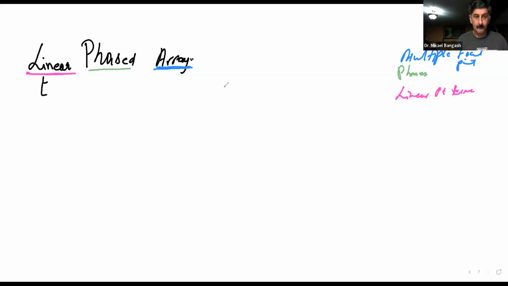One is because the PZTs or crystals are lined up side by side. That could be one reason that they may be called linear.